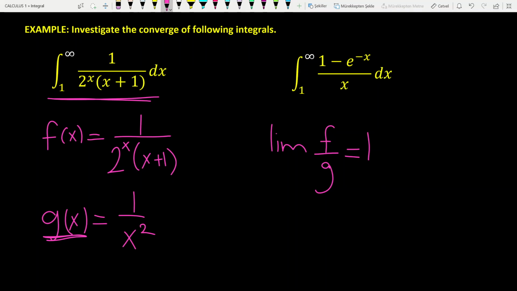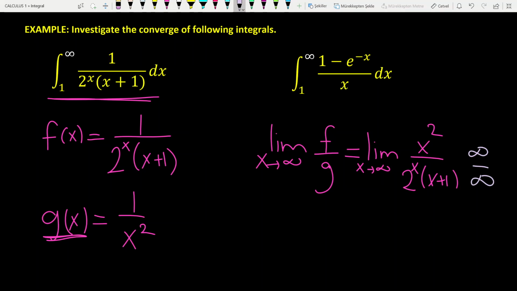So in this case, the limit of f over g is equal to the limit of x squared over 2 to the power x times (x plus 1), when x tends to infinity. As you see, you have the infinity over infinity case. So we have to apply L'Hopital's rule.